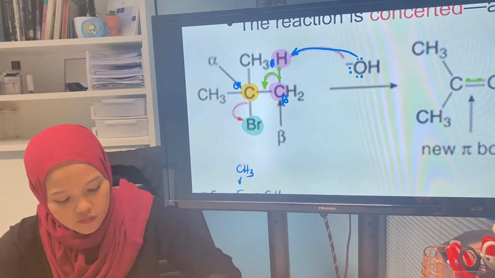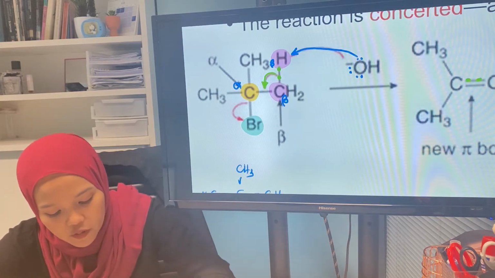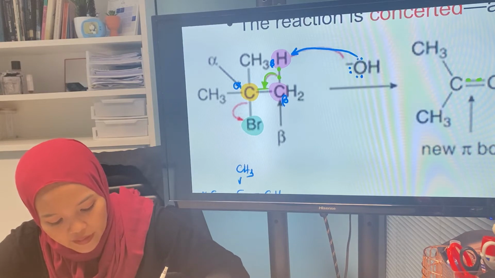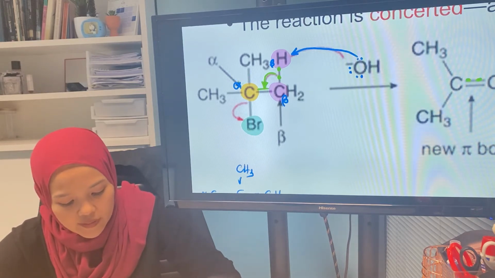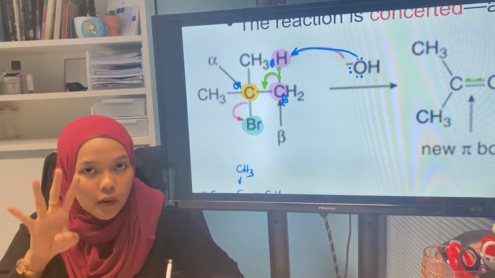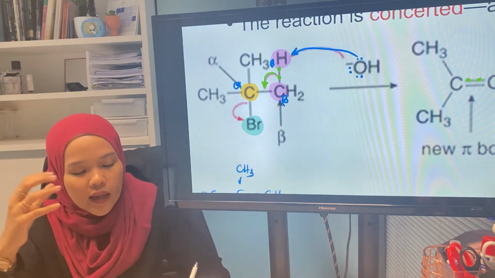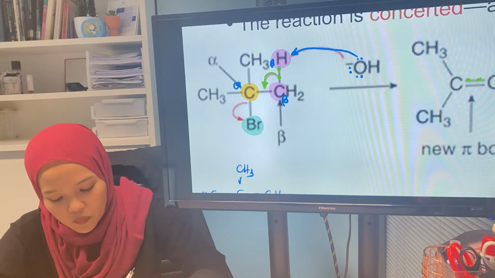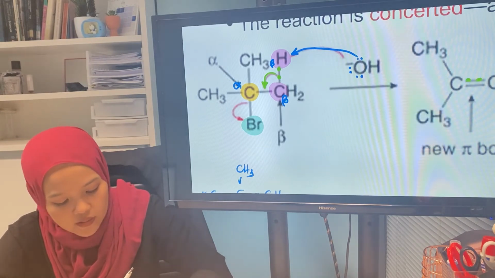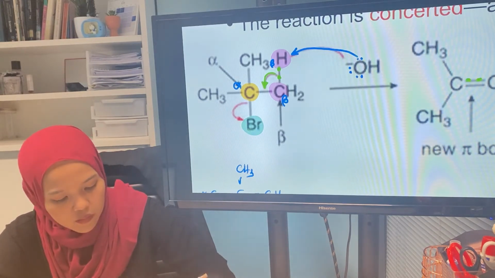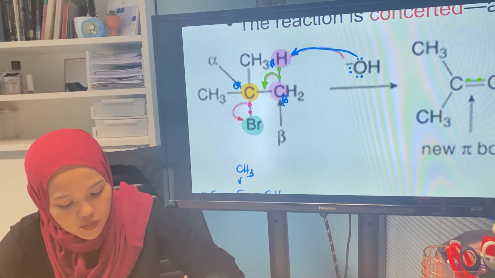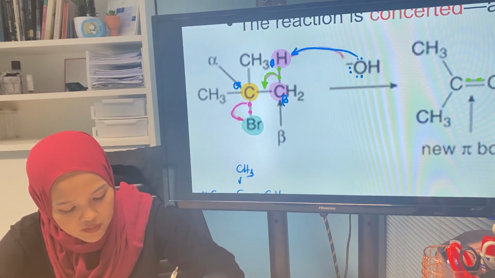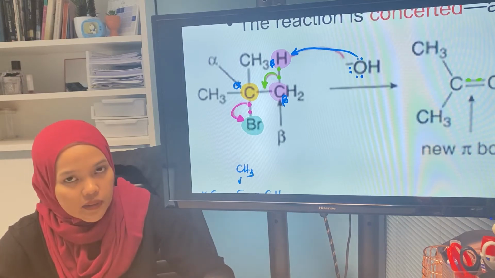Next, the alpha carbon here can only take 4 bonds, so something must leave. The one that will be leaving is the Br. You have 2 electrons here, and you are going to transfer these 2 electrons to the Br.